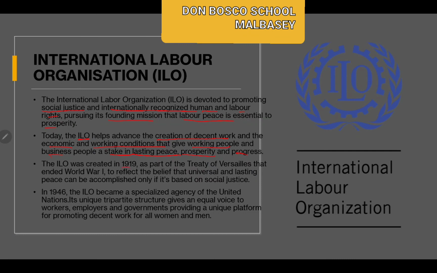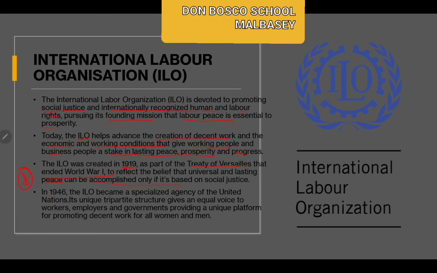It was created in 1919 as a part of the Treaty of Versailles that ended World War I, to reflect the belief that universal and lasting peace can be accomplished only if it is based on social justice. So the main agenda of ILO is maintaining peace and security by giving social equality, social justice, to the people around the globe. Then only peace can be maintained.